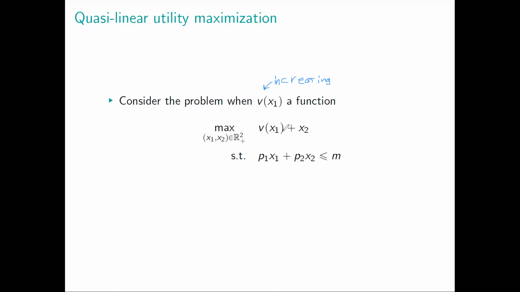But regardless of this, I can always add more x2 to my budget and increase my utility. So we'll know, again, the budget constraint will bind in general, but now it's going to get more complicated when it binds.